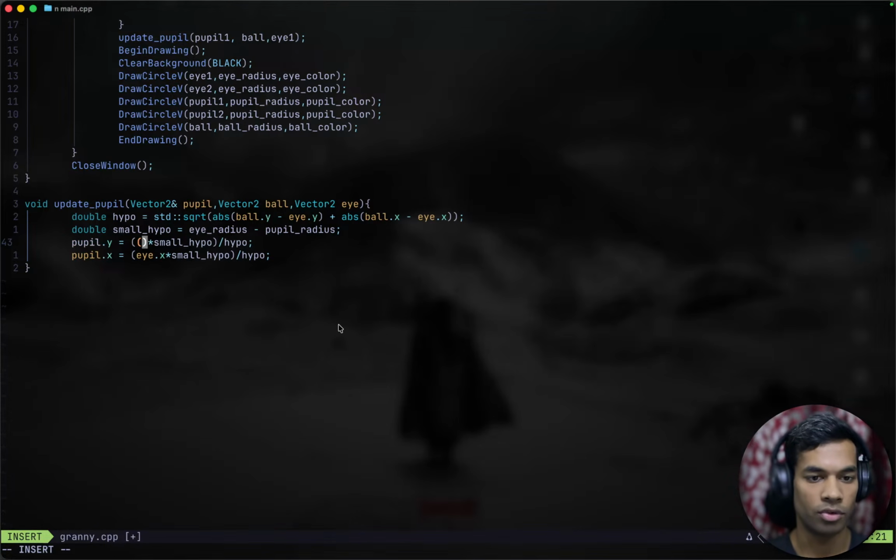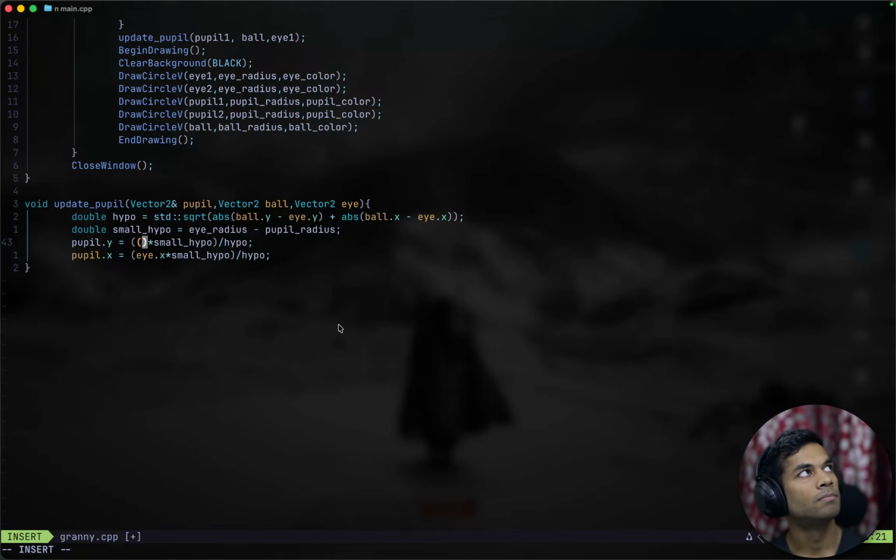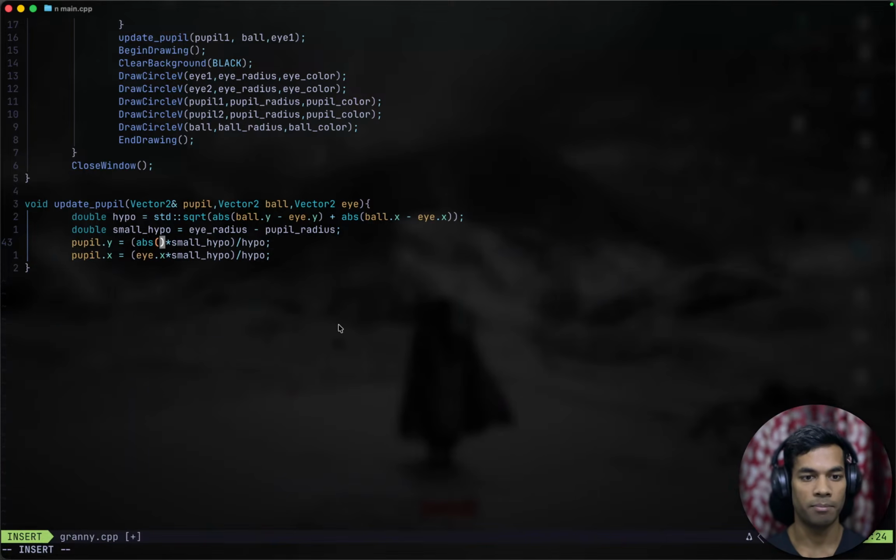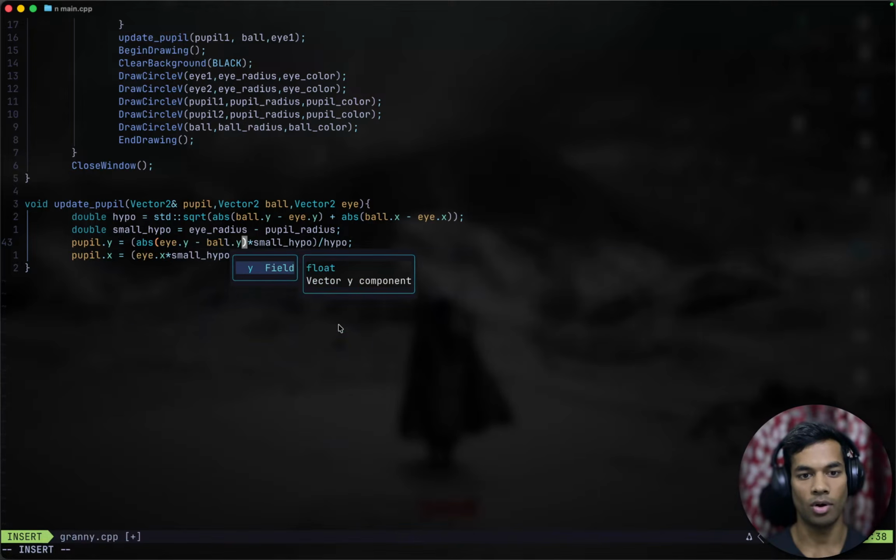Yes, so that would be, and these are in absolute terms. Absolute of I dot y minus ball dot y.